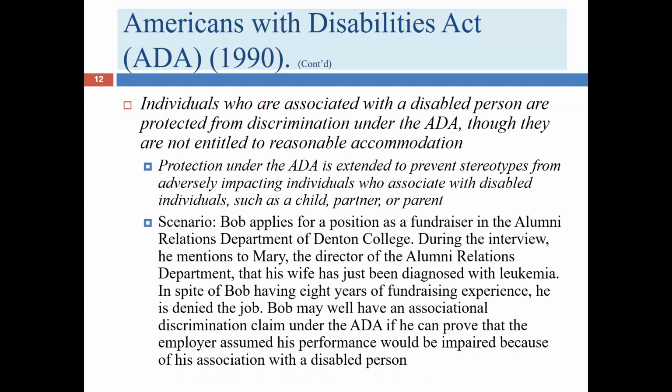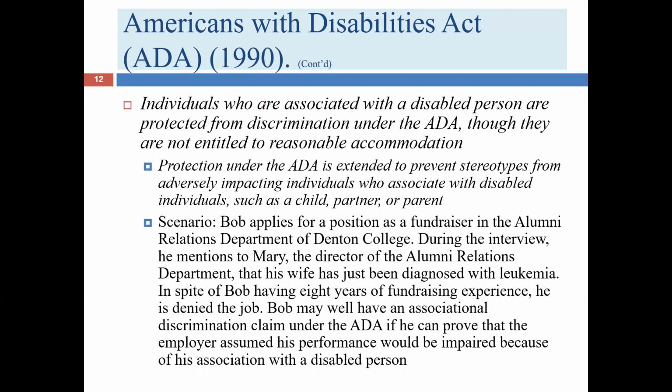Or let's say the man adopts an Asian child and is subject to discrimination because of that. Again, associational discrimination is protected. Even though he himself is Caucasian and no one has a problem with him being Caucasian, it's his association with a person in a different group. We have that same issue with the Americans with Disabilities Act.